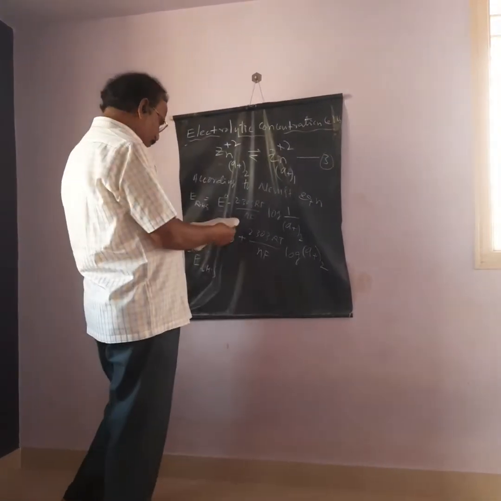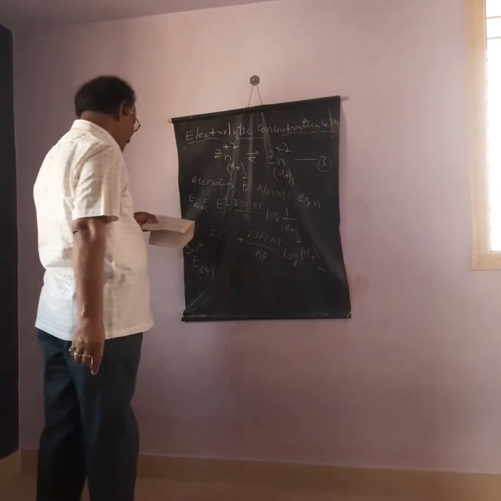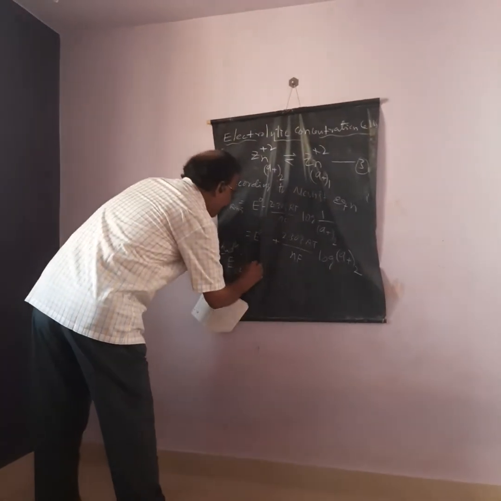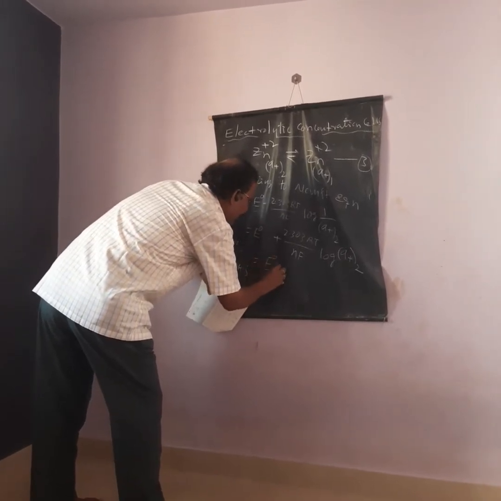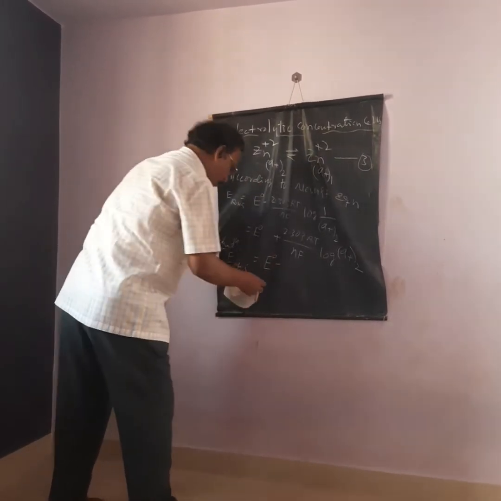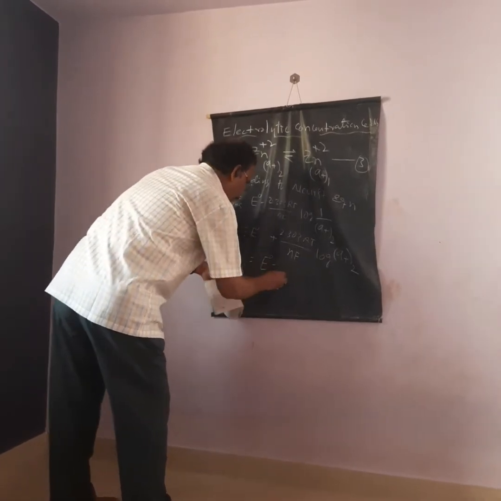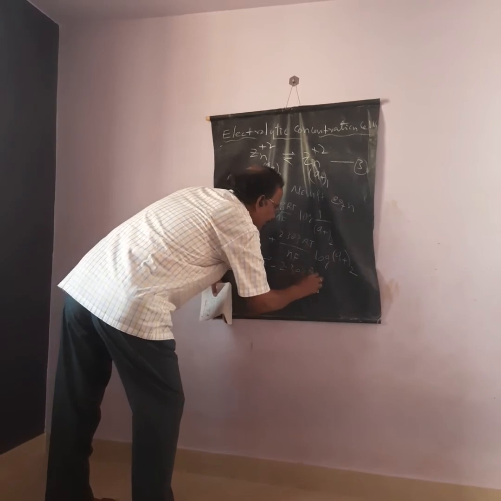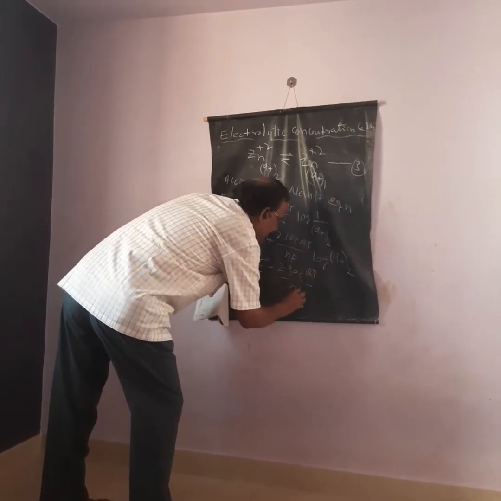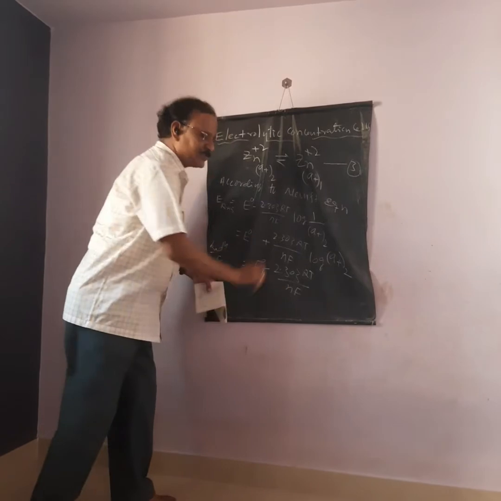That is, the reduction potential of this electrode is given by E0 again minus 2.303 RT divided by nF. So n is 2 here, on both sides.